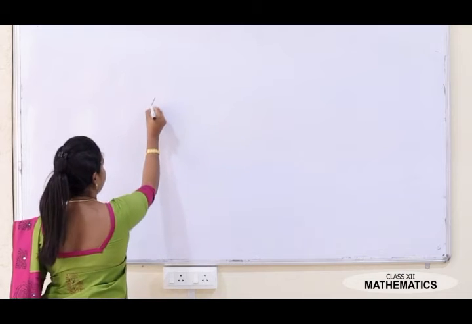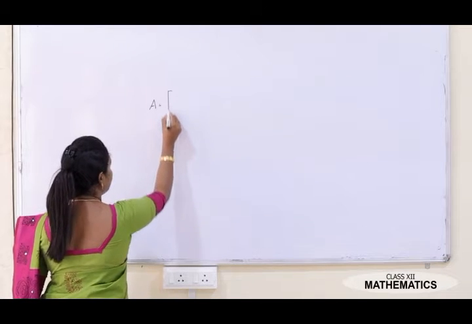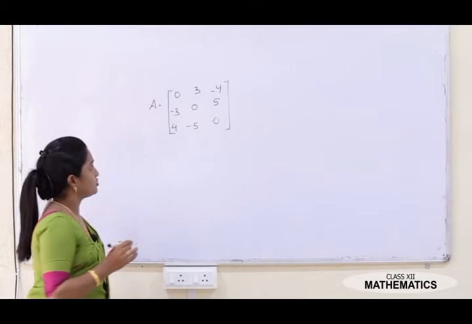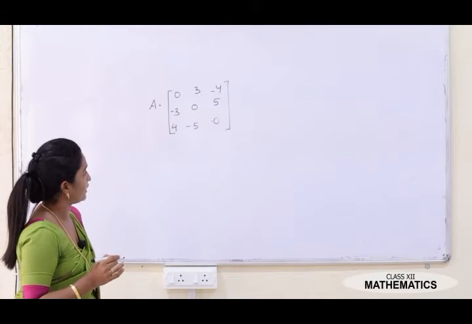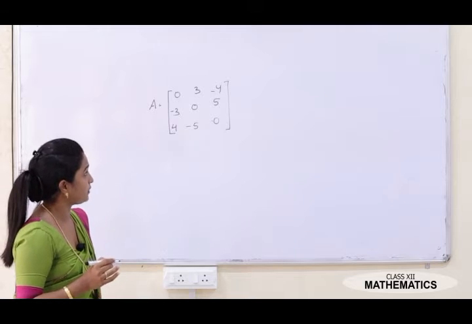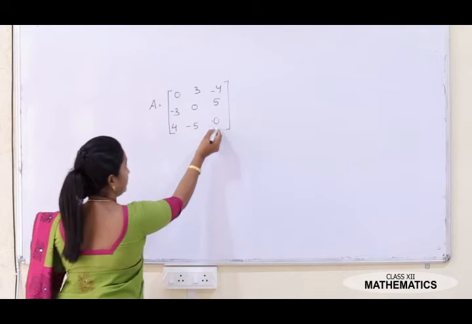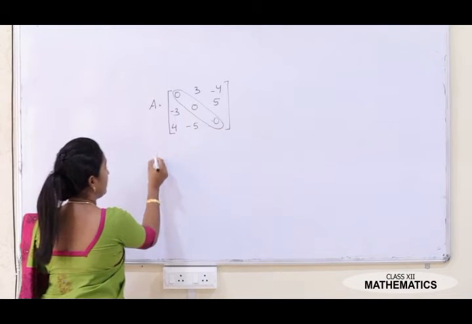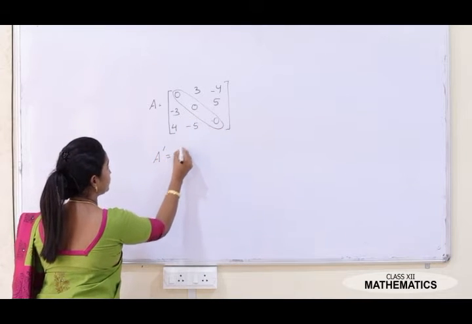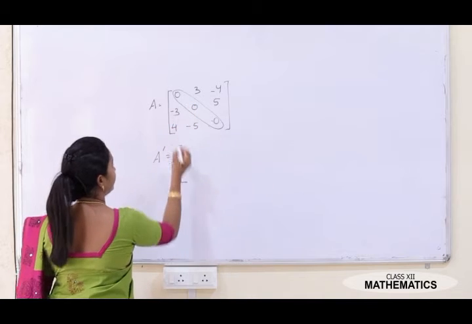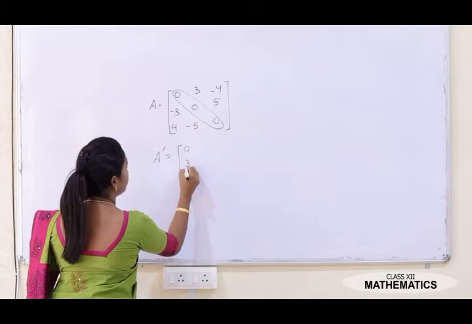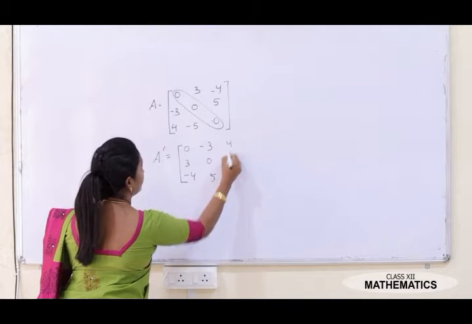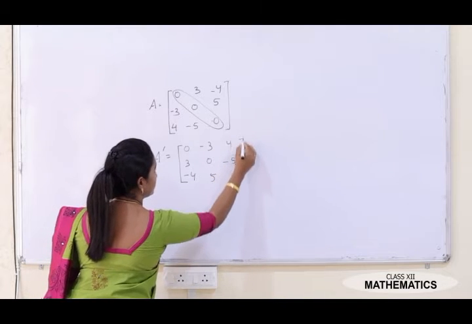You can see here I am taking a matrix A equal to 0, 3, minus 4, minus 3, 0, 5, and 4, minus 5, 0. Now you see here the diagonal element is 0. When you find A transpose, you will observe what you are going to get: 0, 3, minus 4, minus 3, 0, 5, and 4, minus 5, 0.